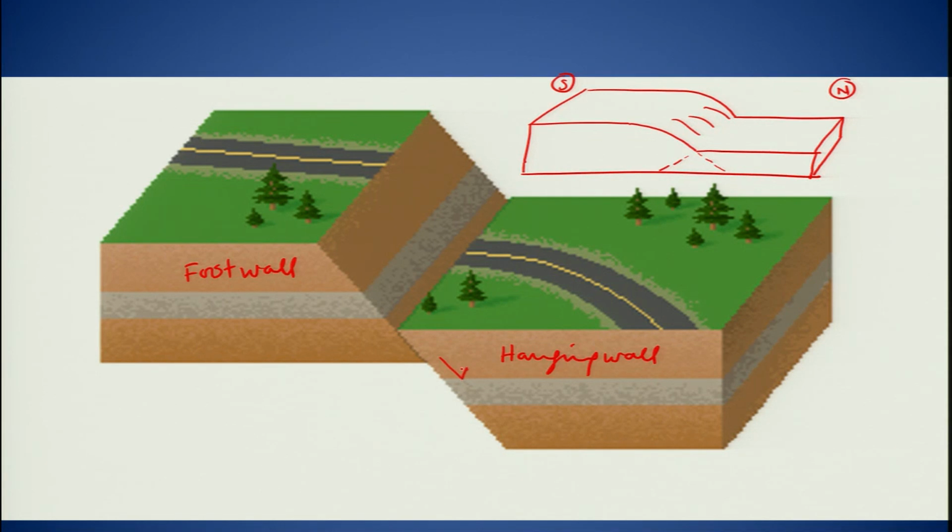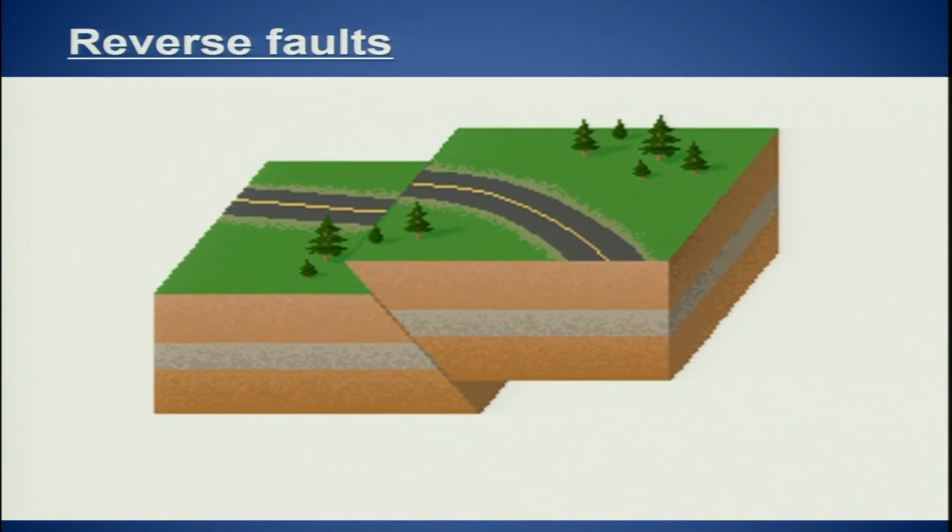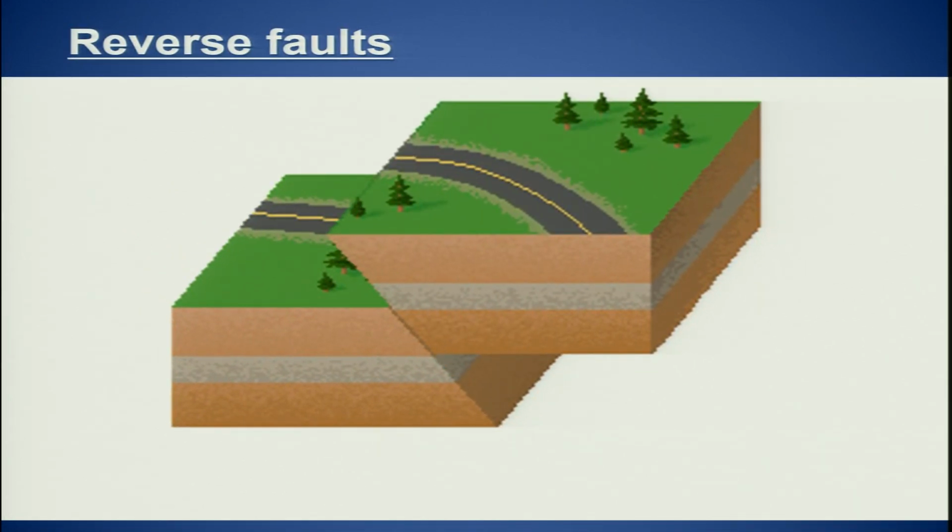This block has moved down with respect to this one. So this is in case of the normal fault, and then if you look at the reverse fault, it is exactly the opposite. So you have this one as the hanging wall and this remains the foot wall.